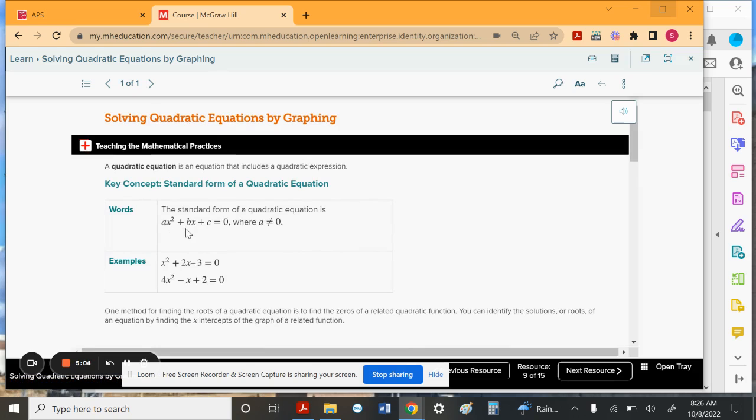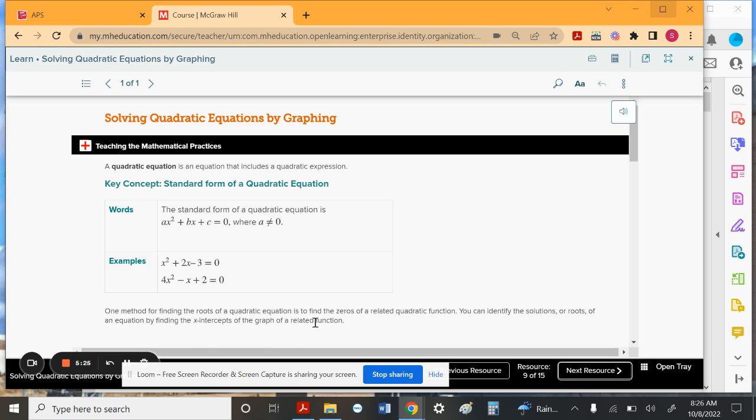So we have ax squared plus bx plus c equals 0. Of course, a cannot be 0. Here are a couple examples of quadratic equations. Notice here it says one method for finding the roots is to find the zeros. We can identify the solutions or roots of the equation by finding the x-intercept.